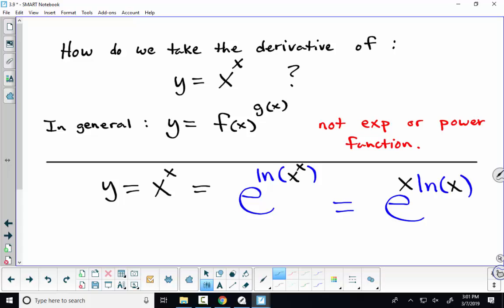So that's beneficial because I know that the derivative of e to any power is e to the power times the derivative of the power.